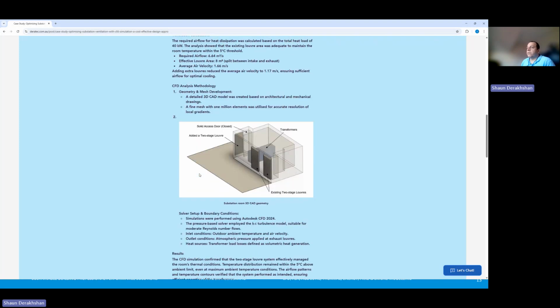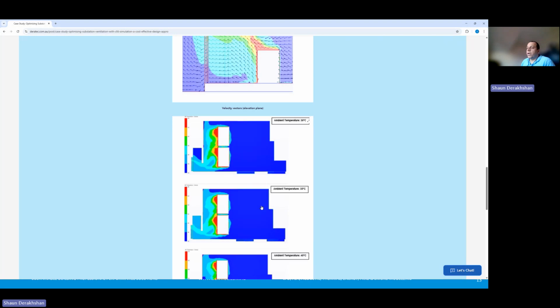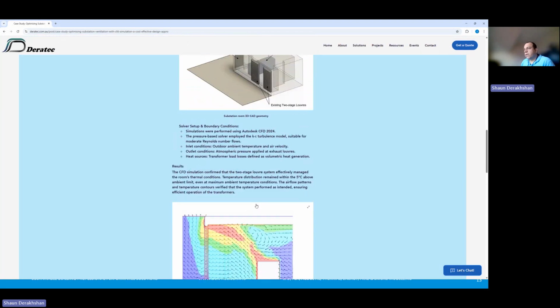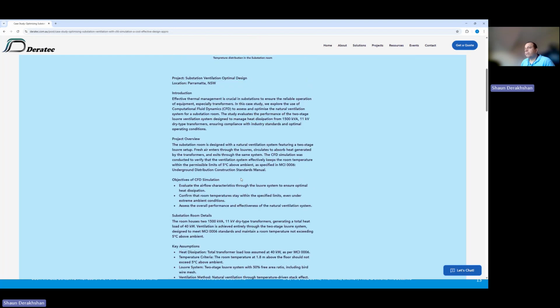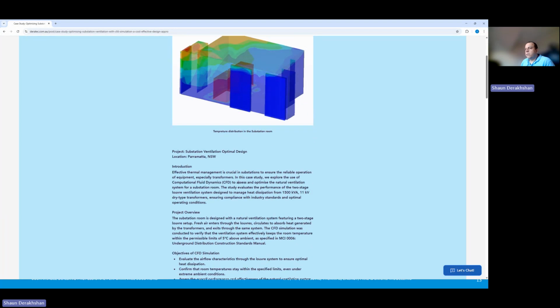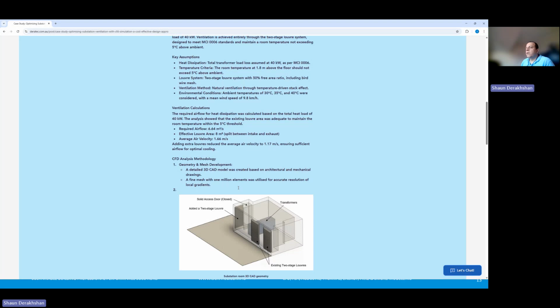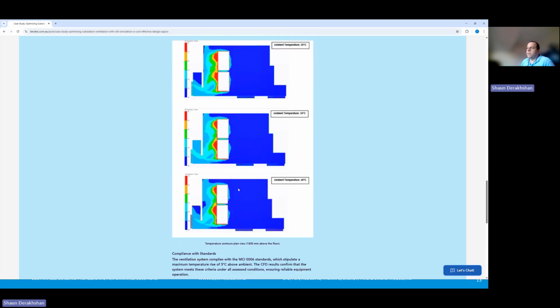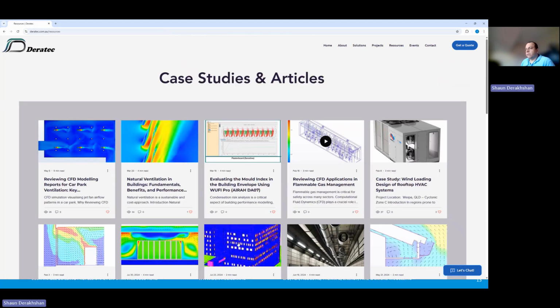Again, we considered different wind directions and wind approach and complied with the related standard. The standard is, where is the standard? MCI 006 for electrical standard for transformer. So this is how, again, CFD helps to comply with standards.